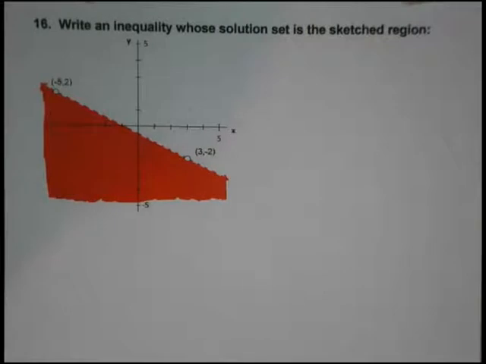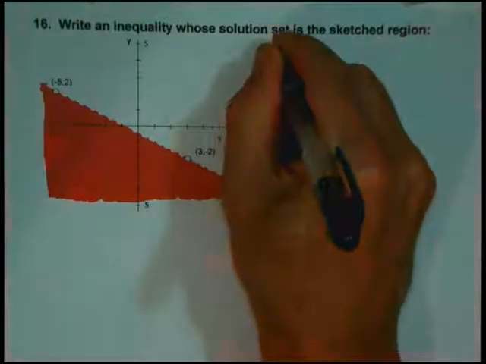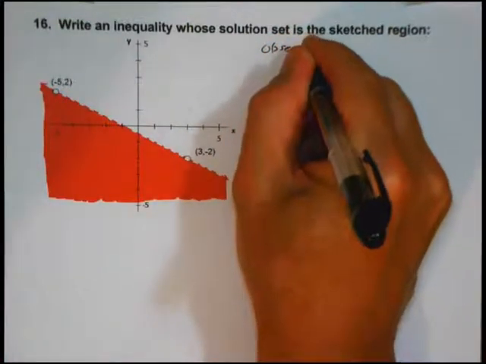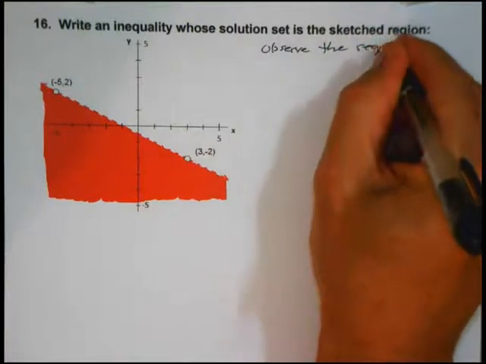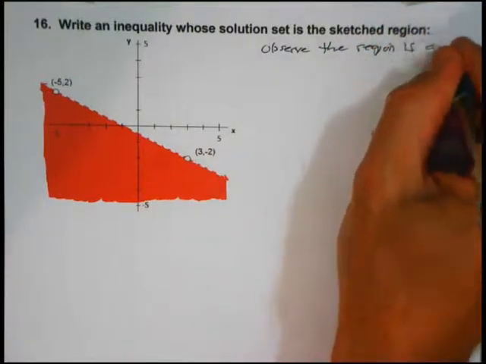Exercise 16. Write an inequality whose solution set is the sketched region. Okay, this sketched region here, it's a half plane. So observe, the region is a half plane.